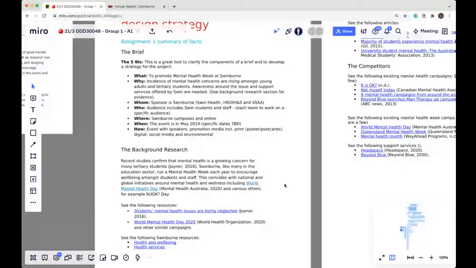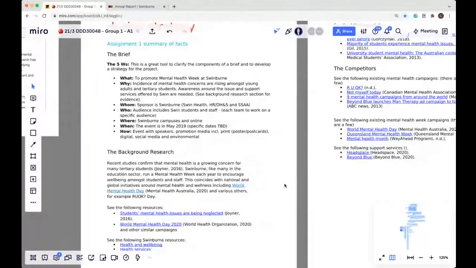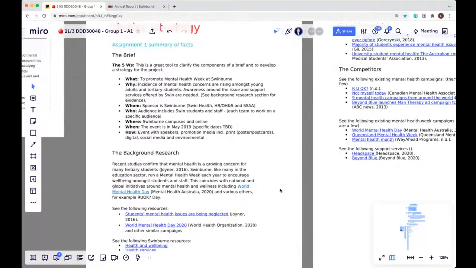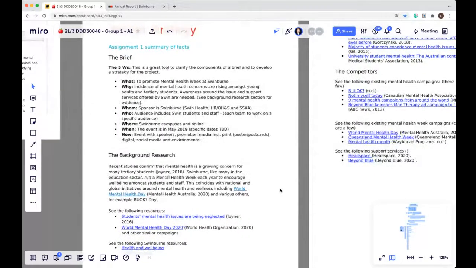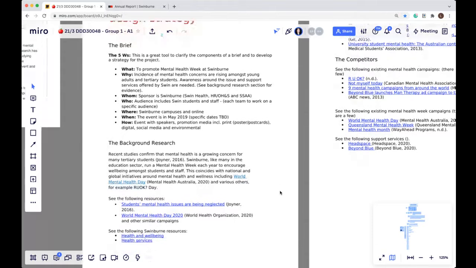So this is the brief in a summary of facts form. You want to look at the 5 W's to create a tool to clarify the components of the brief. So what you want to do is promote a mental health week at Swinburne. Why? Because of the incidence of mental health concerns arising amongst young adults and tertiary students.